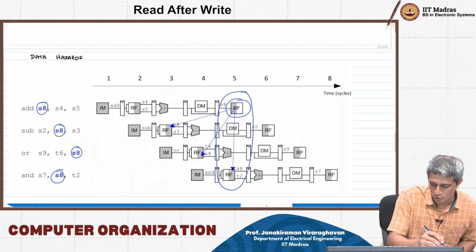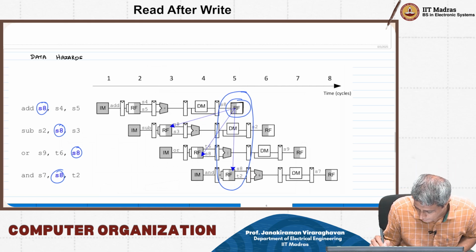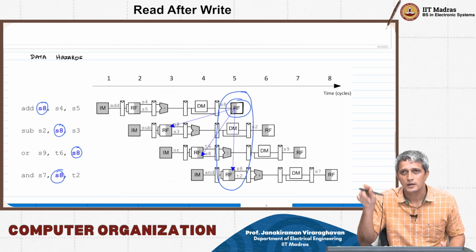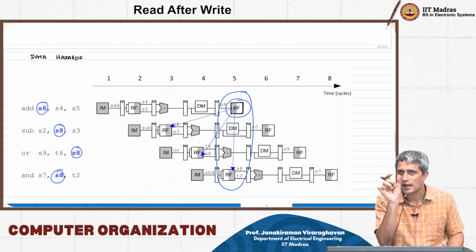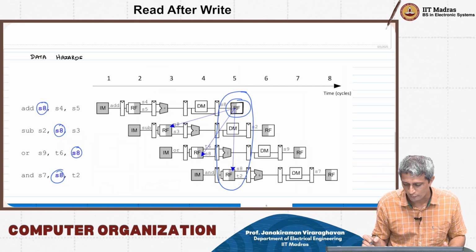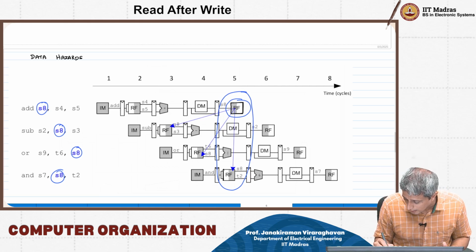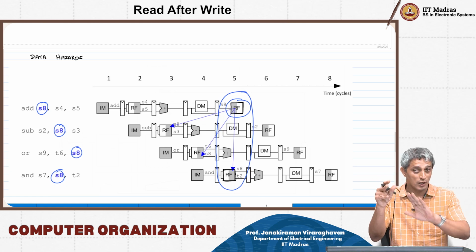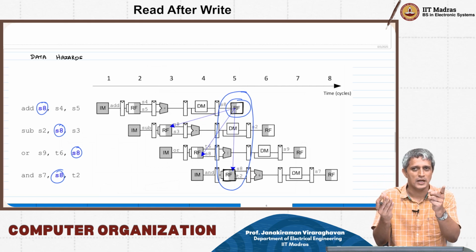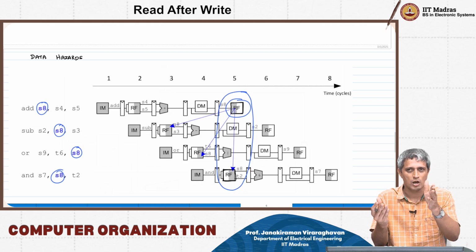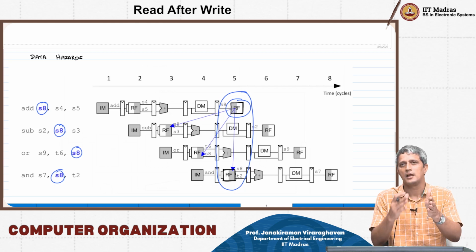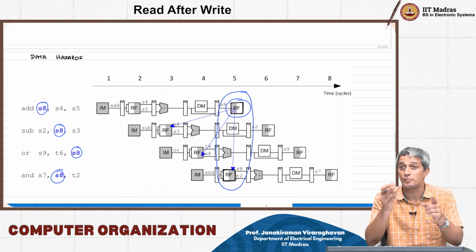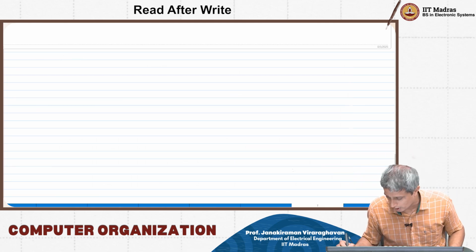That's why you look at this block that we have here, the shading is in the first half of the rectangle. That means writing is happening in the first half, but reading on the other hand, register file read is happening in the second half.